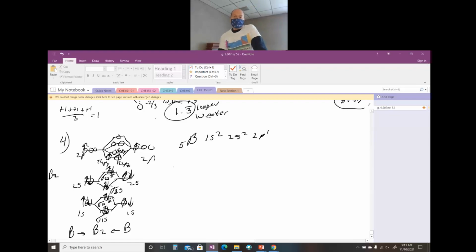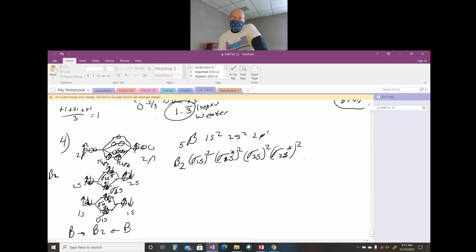All right, and so the electron configuration of B2 is sigma 1s that has 2 electrons in it, sigma 1s star that has 2 electrons in it, the sigma 2s with 2 electrons in it, the sigma 2s star with 2 electrons in it.